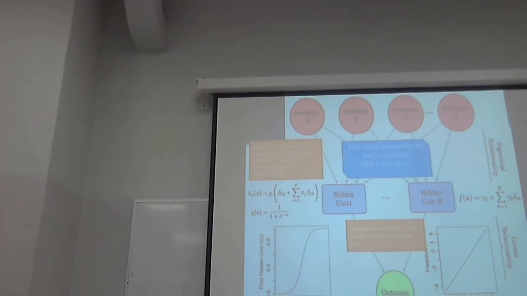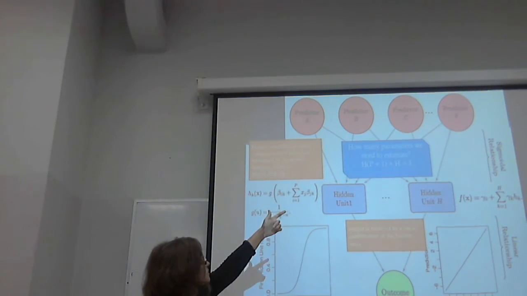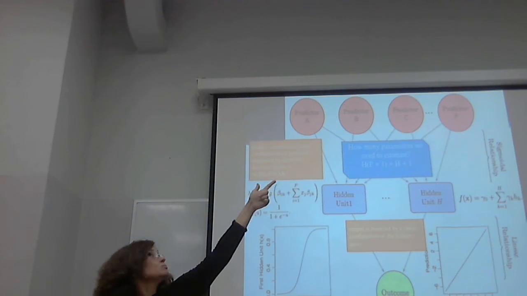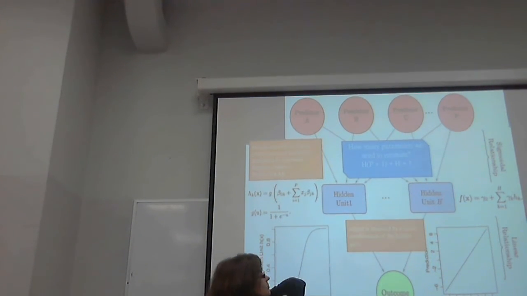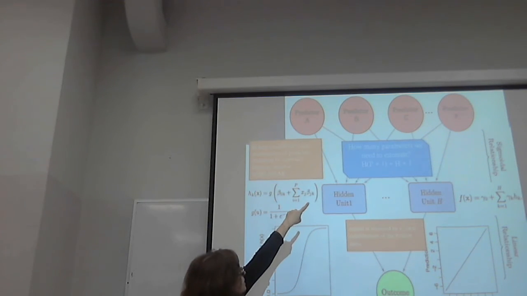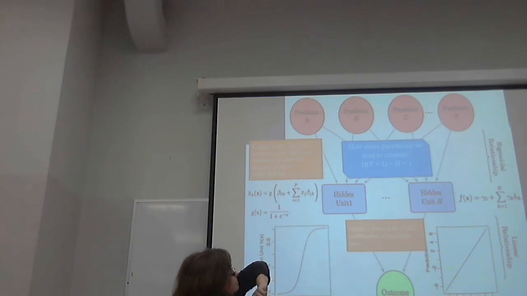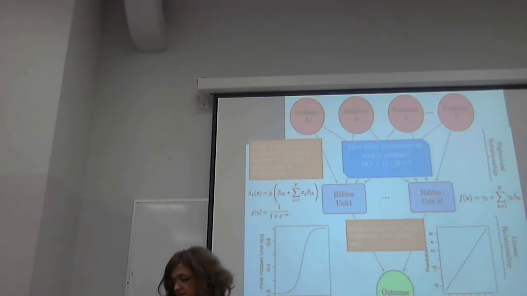So how many parameters in the neural network do we need to estimate? If P is the number of predictors, the first input layer, and H is the number of hidden units, then it is H multiplied by (P plus 1), plus H plus 1. That's the number.